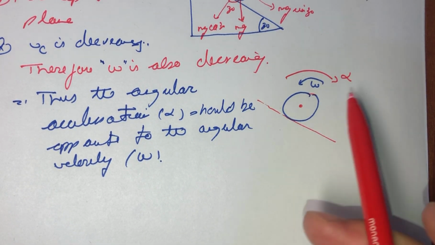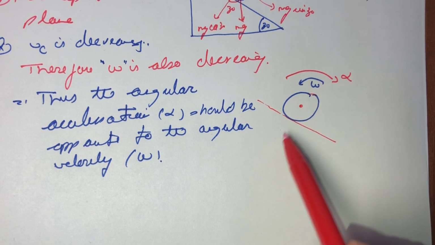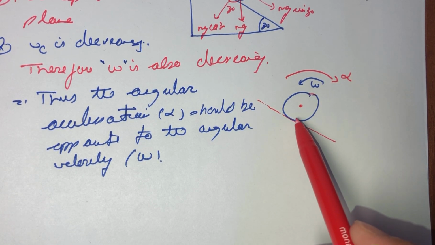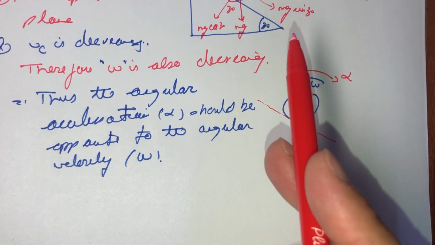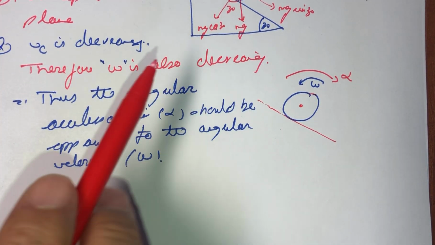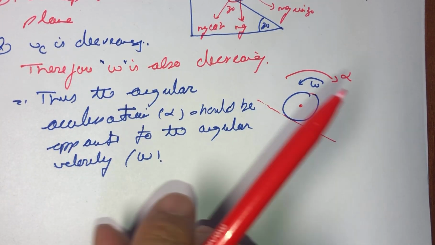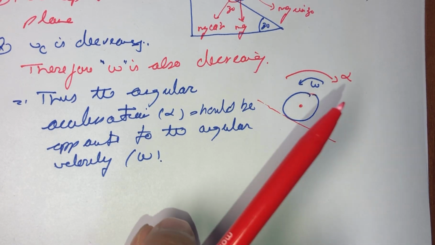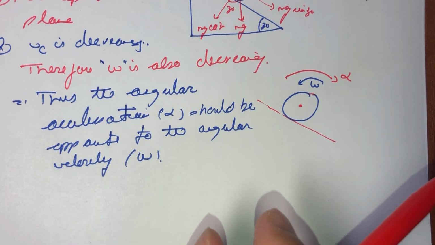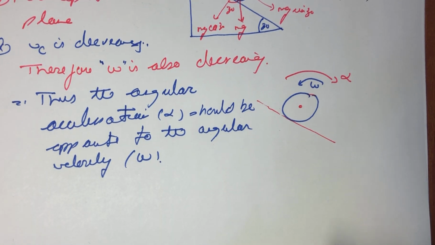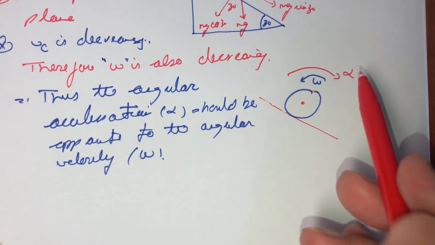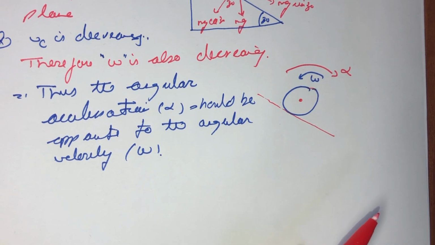Another is the normal, perpendicular to the inclined plane, which is also through the center of mass. So the normal and mg sine theta will not produce any torque. The third remaining force is the frictional force, which will produce the required angular acceleration.